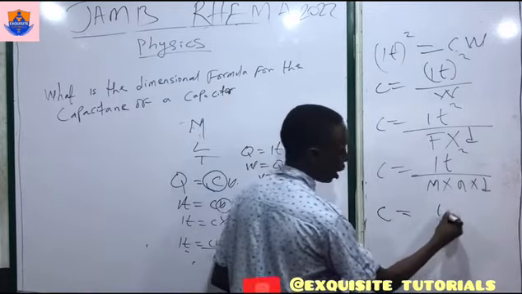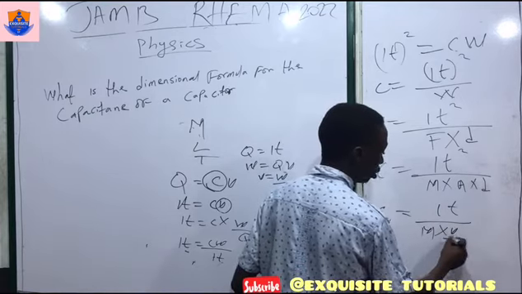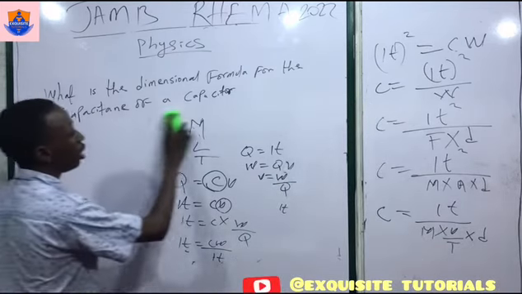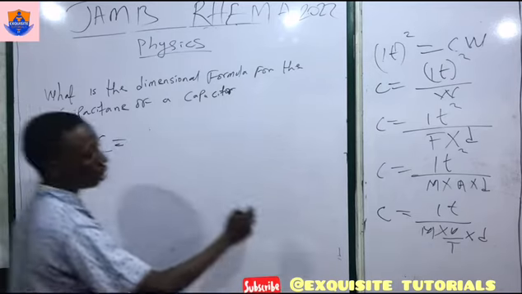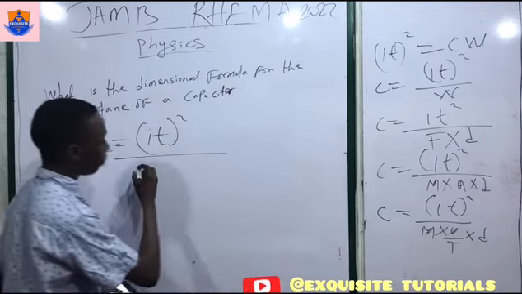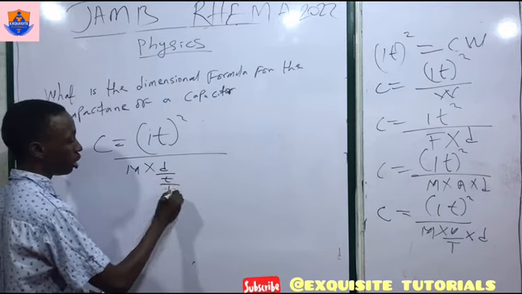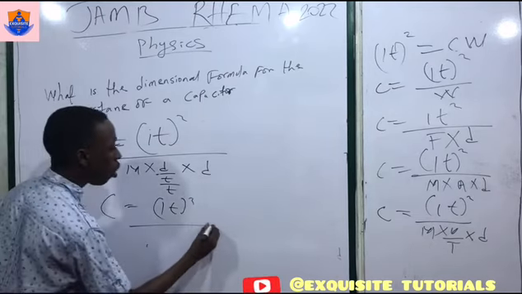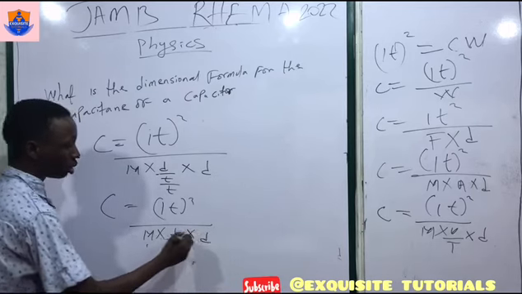Acceleration is velocity over time, and velocity is distance over time. So C is equals to IT square all over mass times distance over time square times distance. This simplification goes further.